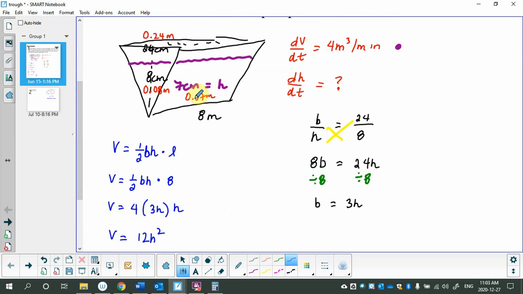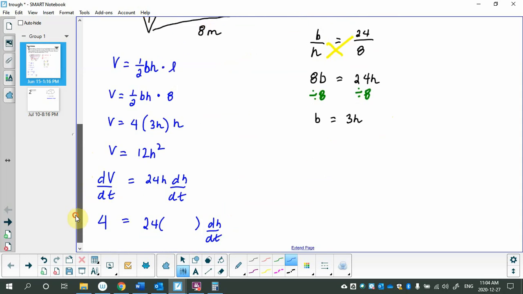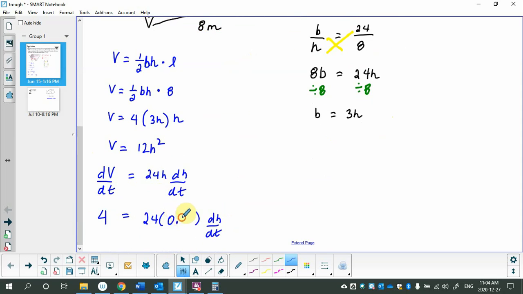H will be the 7 centimeters, but because everything is supposed to be done in meters, this was a ratio, it was a comparison, so it didn't matter as long as both of those were the exact same units. I am going to put 0.07 meters in there.